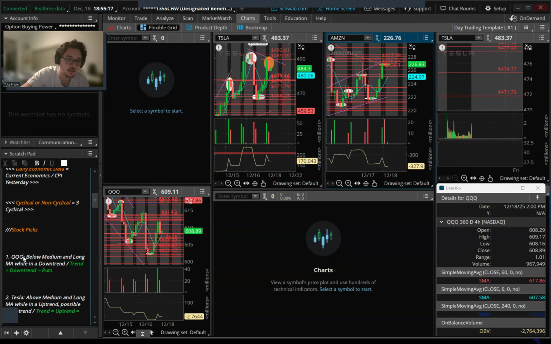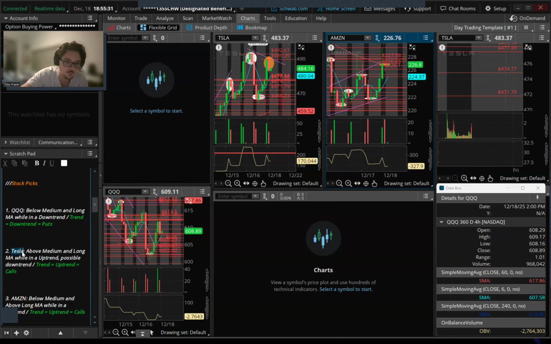The QQQ has 100 different stocks, different businesses that have revenue from consumers, businesses, and government. And then Tesla, because of the CPI, this consumer price index, people purchase cars, which is a part of the consumer price index and a part of expansionary economics.